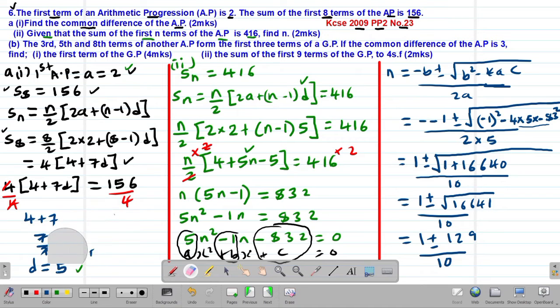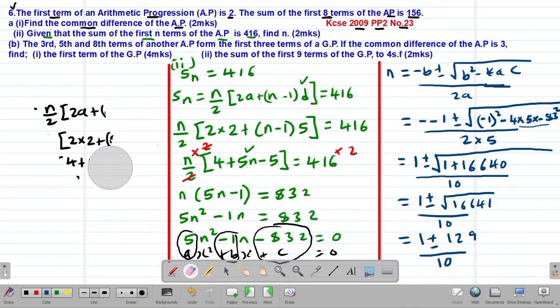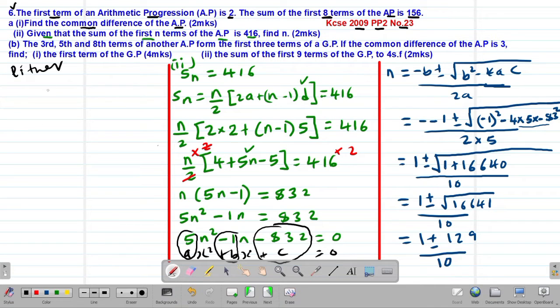Now, let me proceed with my working from this particular end here. So, we are going to end up with the following. Our n, so this one means that either the value of n is given by 1 plus 129 divided by 10, which will give us 130 divided by 10.